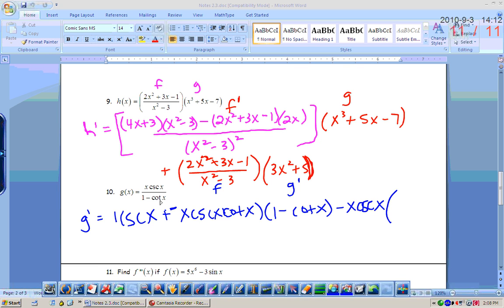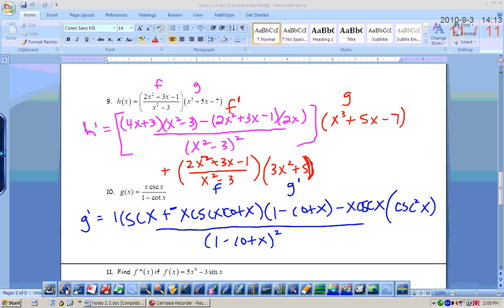What will the derivative of the bottom be? Cosecant squared x. And then all over the bottom squared. Okay. You will have very few problems like 9 and 10, but I just need to make sure that you can use them both at the same time.